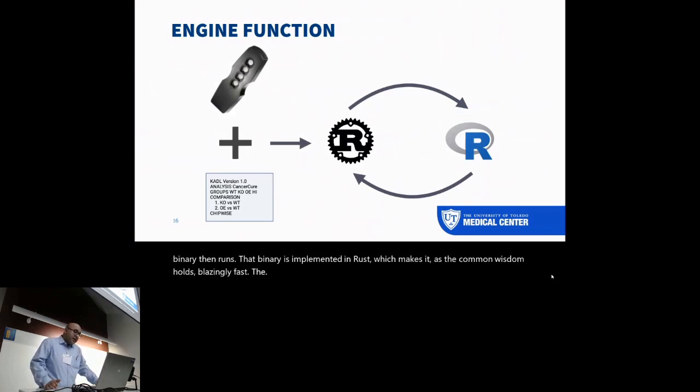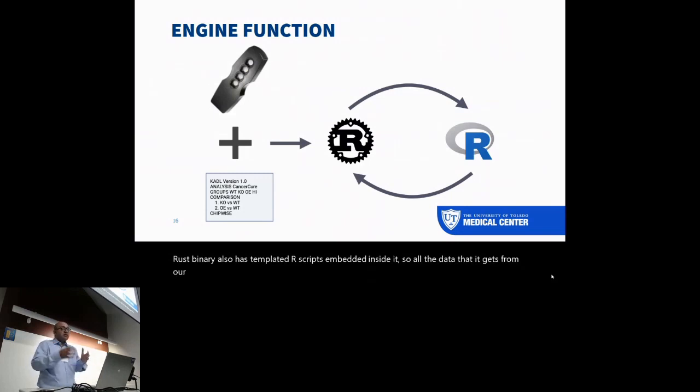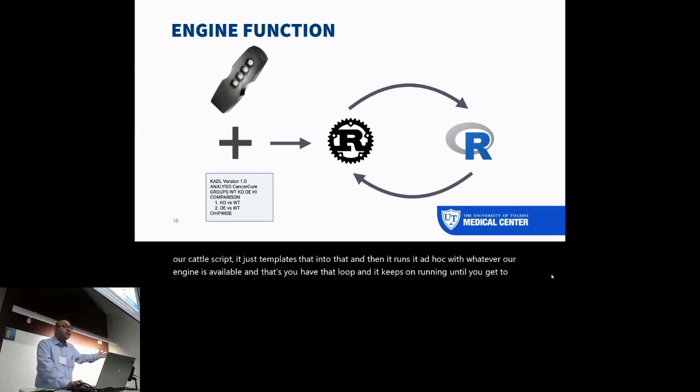The Rust binary also has templated R scripts embedded inside it. So all the data that it gets from our KADL script, it just templates into that, and then it runs it ad hoc with whatever R engine is available. And you have that loop, and it keeps on running until you get to the end.